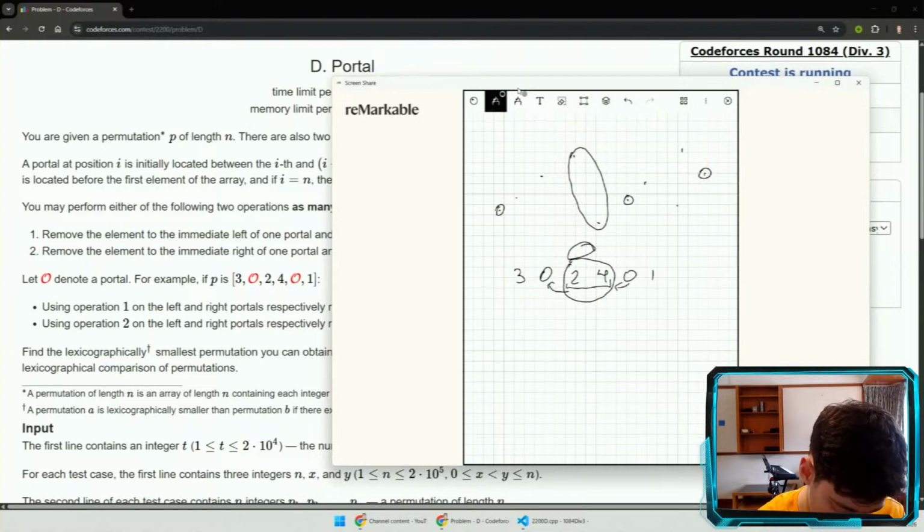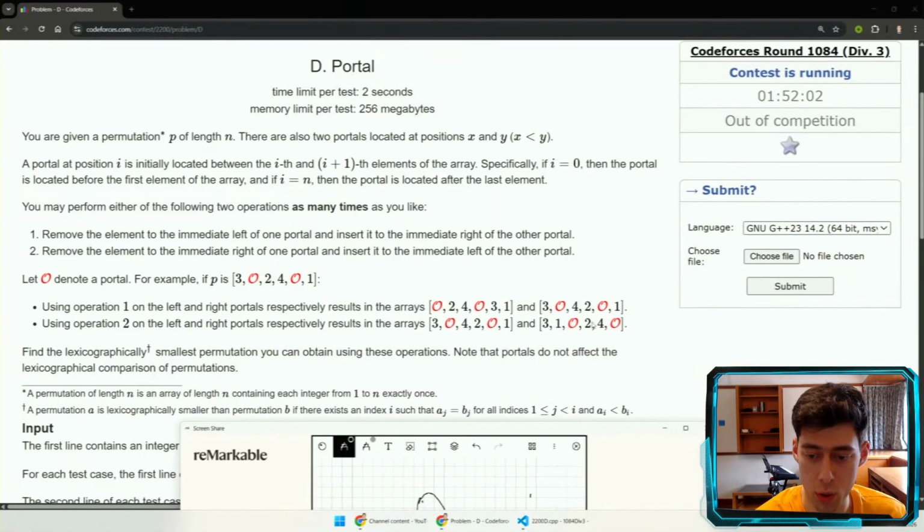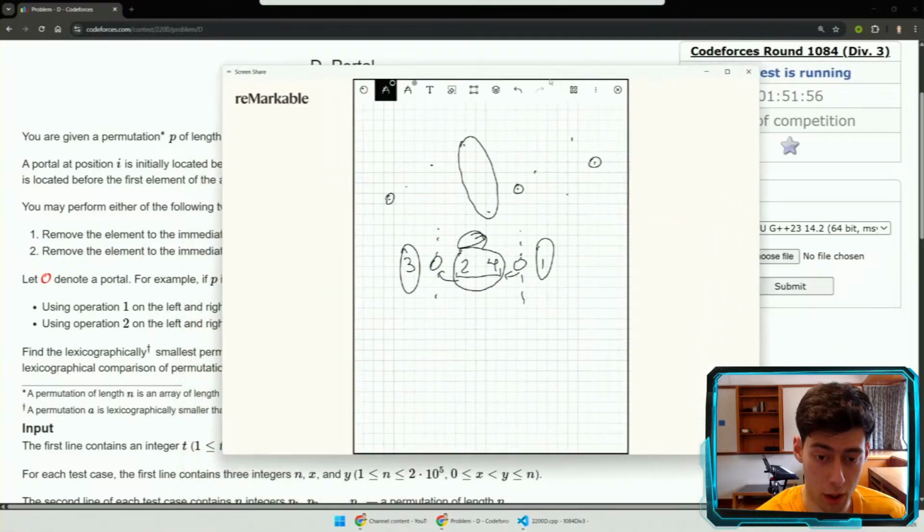So this is like a cyclically shiftable block. But while I'm cyclically shifting it, these guys also just remain. So this block in the middle can never mix with the block outside. It's always 2, 4, and then 1 and 3 can be combined.